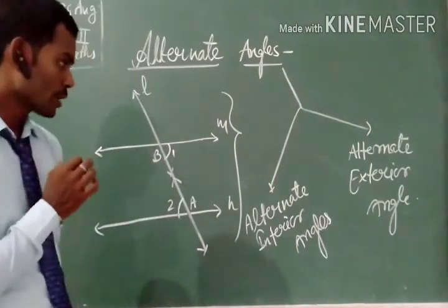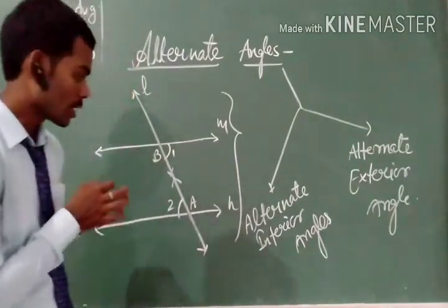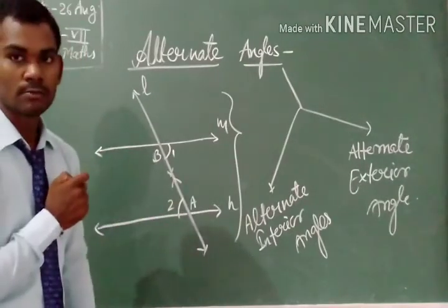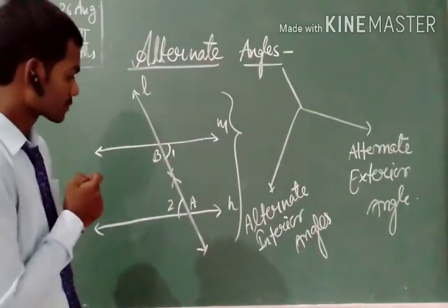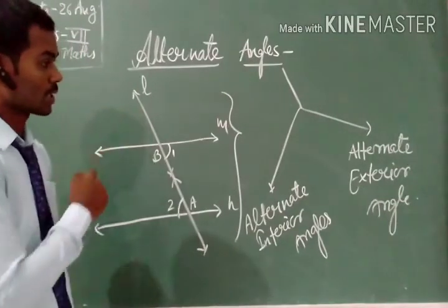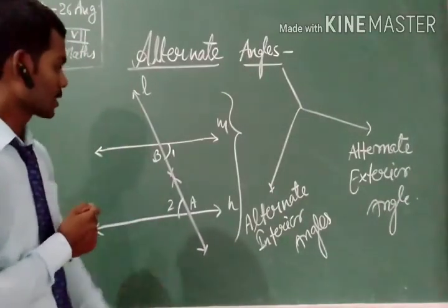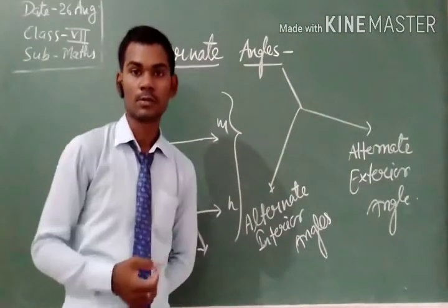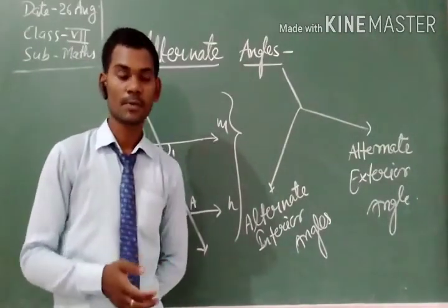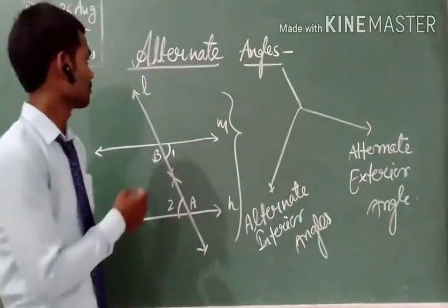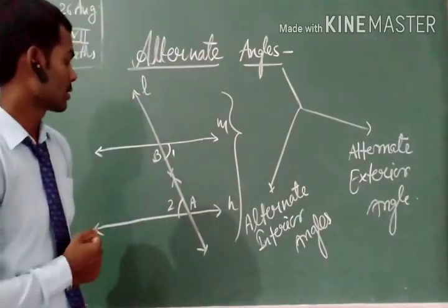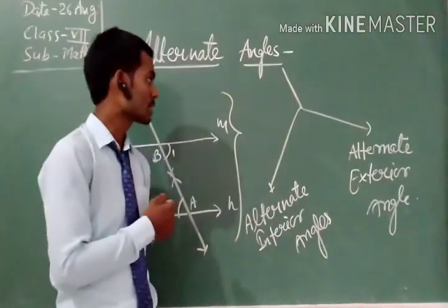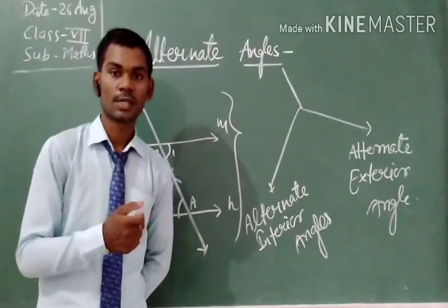There is only one difference: in the interior angle the line segment AB is included, but in the exterior angle, the line segment AB is not included. These definitions we shall discuss in our next video, and I hope the corresponding angle and the alternate angle are clear to all, and their types we shall discuss in our next video.